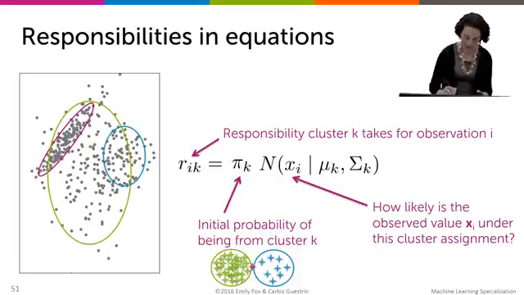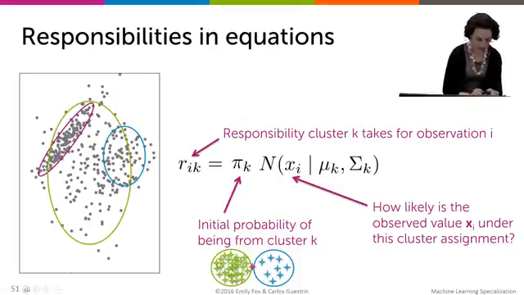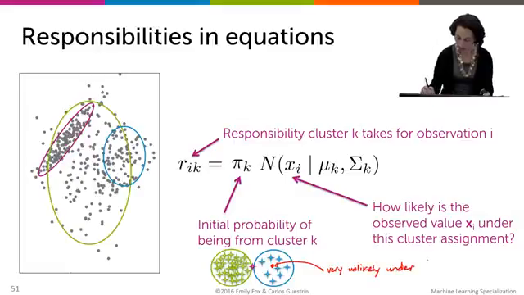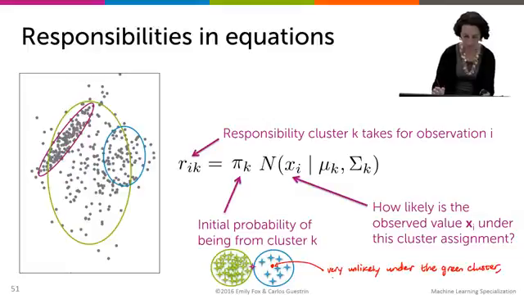So for example, let me switch colors here. Maybe I'll choose a red color. If we look at a data point here, maybe we would say that this data point is very unlikely under the green cluster, even though our prior probability on the green cluster is much higher.